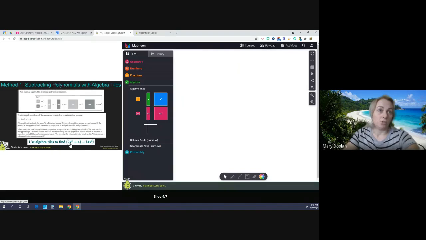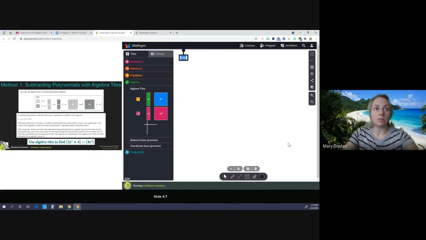So we're going to take this and use algebra tiles to represent it. We have 2x squared plus 4 minus 4x squared. And I did find out that I can put text on this tool. If I click on the T, you can even draw. That's nice. I'm going to use the text tool right now.